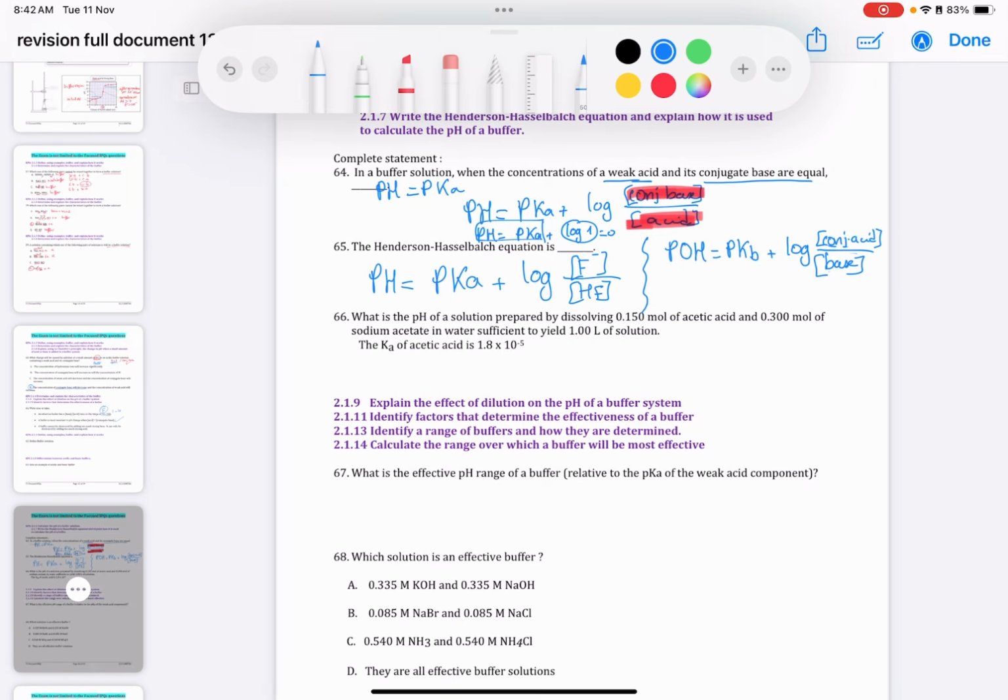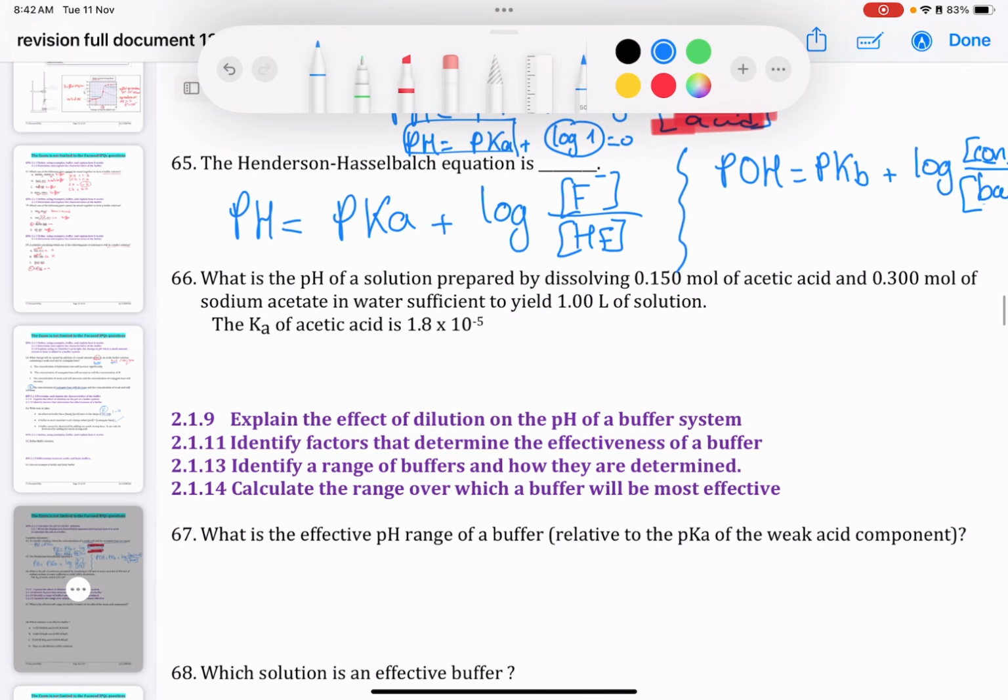Now, let's continue. What is the pH of a solution prepared by dissolving 0.150 mole of acetic acid? That's the acid, HA, and 0.30 mole of sodium acetate. You have to be careful to what you are reading.